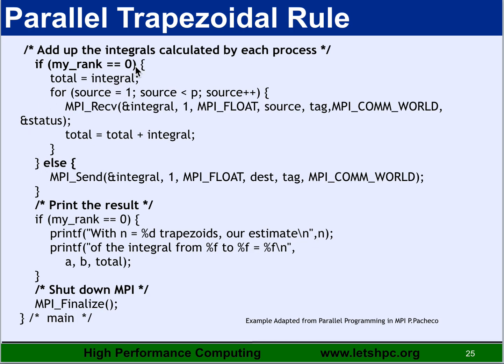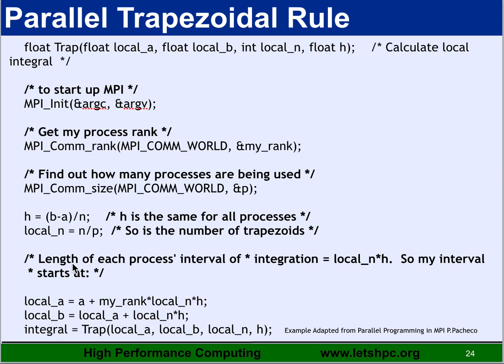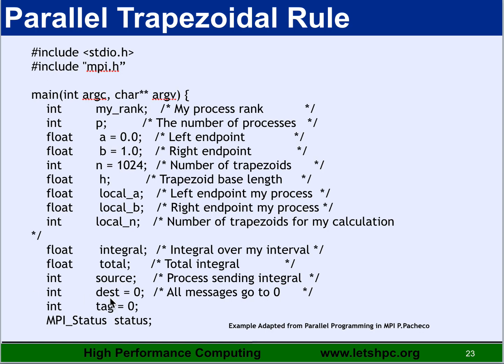And if the rank is not 0, then all the processes are going to send the local integral which each has calculated to this destination. In this case the destination is 0, which we have already mentioned. Here you can see the destination is 0.